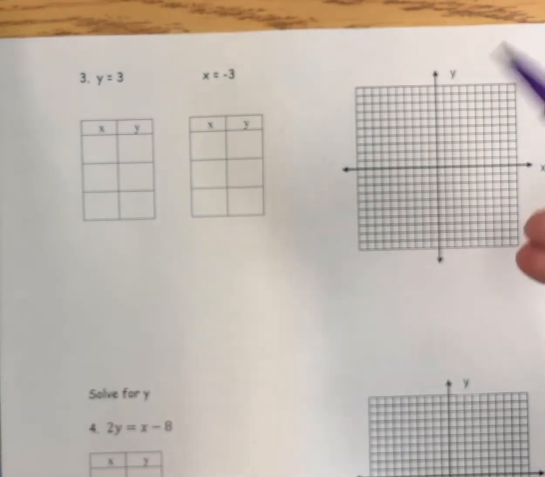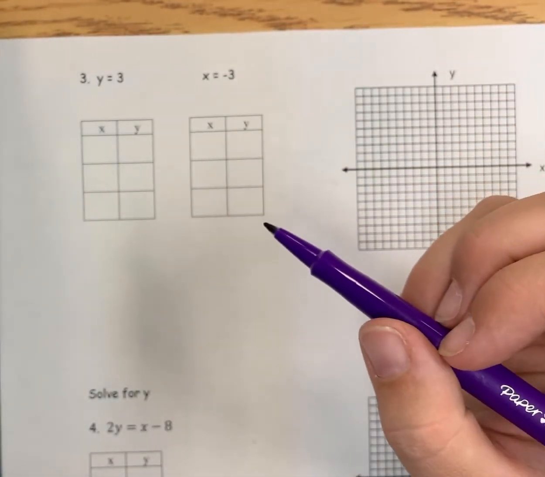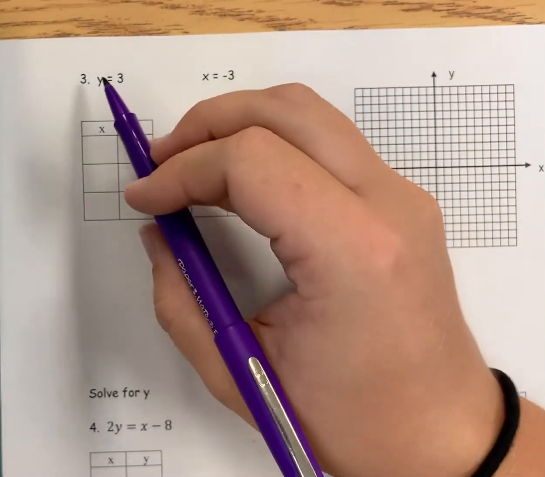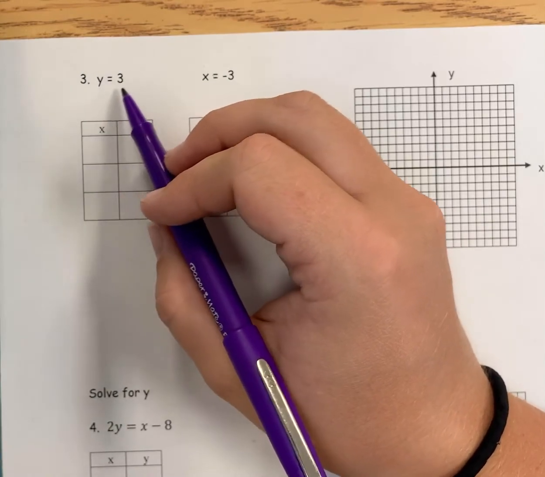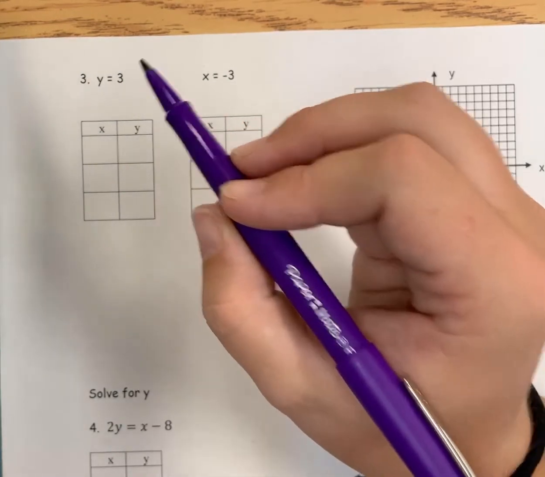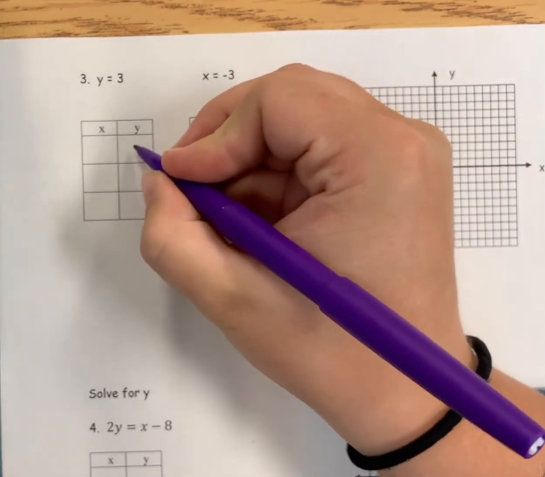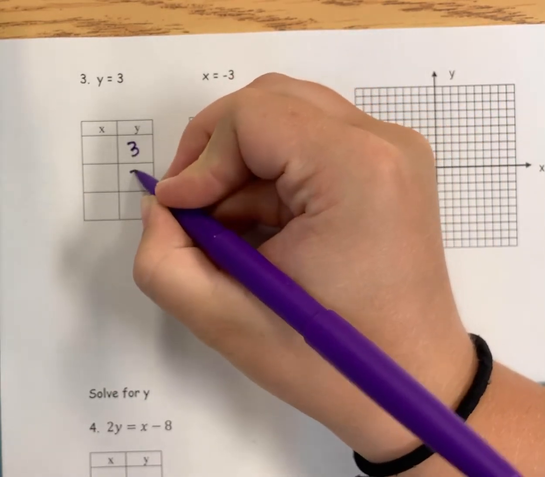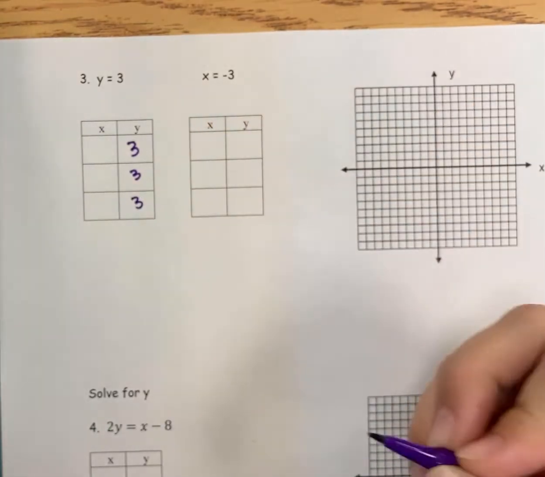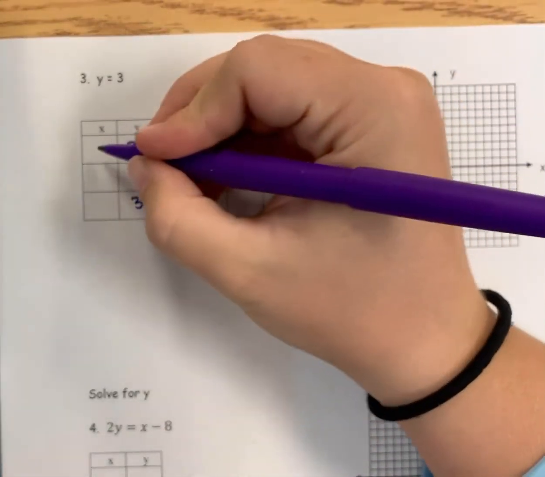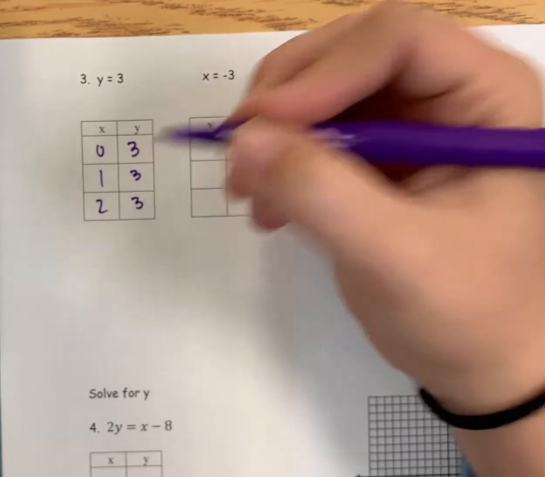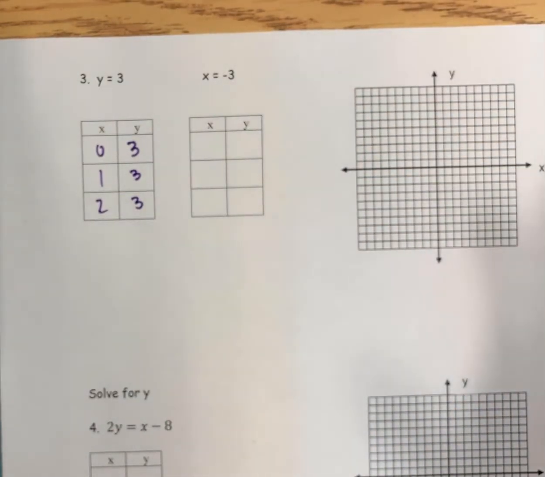The first one is y equals 3. So right here, we're looking at y equals 3. When you have a line where it says y equals 3, that means that your y values will always be 3 no matter what. You could pick any x values, so 0, 1, 2, any x value you want, and your y value is always 3.